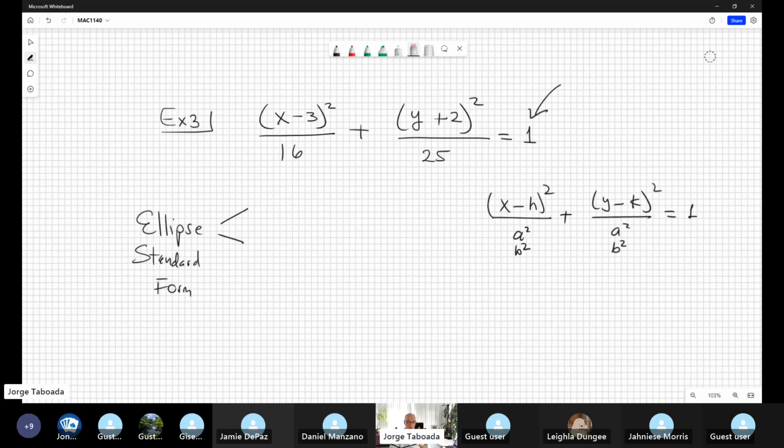Okay. One more thing I need to know. I want more. Where is the center of this ellipse located? This is tricky. I know, because it's (h, k), no? And who is h and who is k? Who is h in this example?